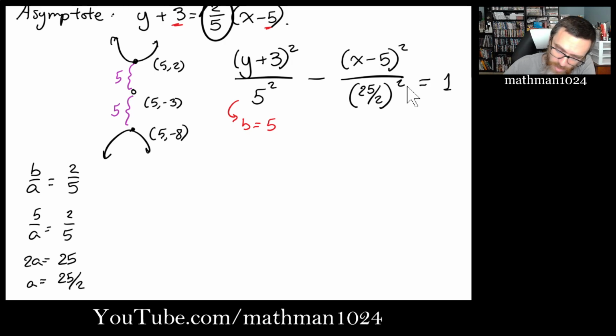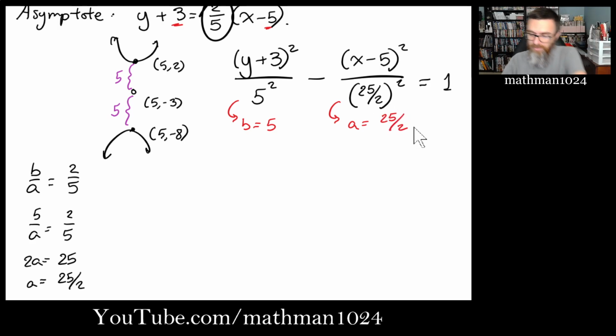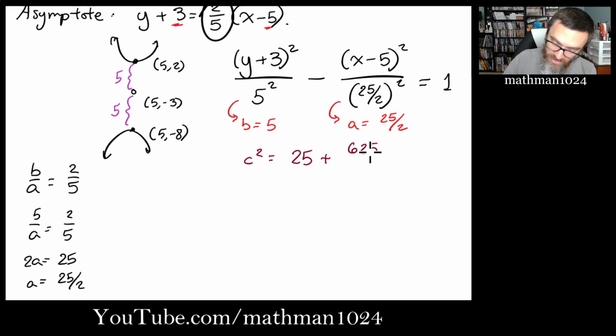All right, so let's answer the questions. Let's see, so a is 25 halves. Oh, it's going to be c. So c squared is going to equal 25 plus, when I square this, we get 625 over 4. Getting a common denominator of 4, that makes this 100 over 4 plus 625 over 4.